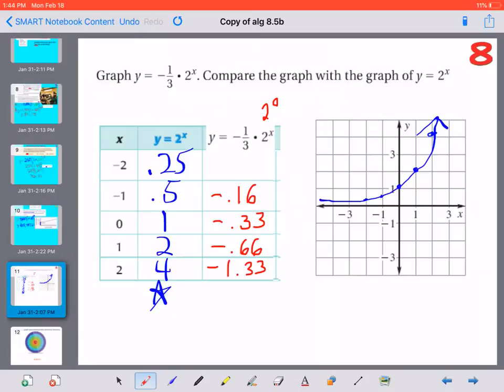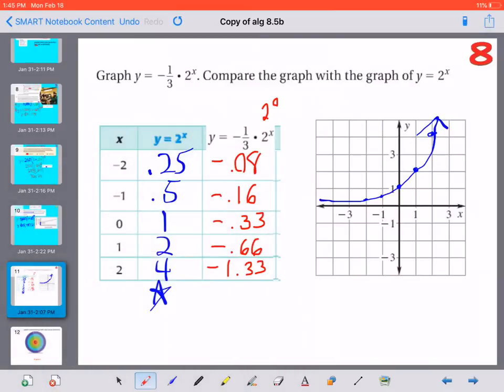And finally, negative 1/3 times 2 to the negative 2nd power gives us a negative 0.08. So we have a lot of very small numbers on this one.